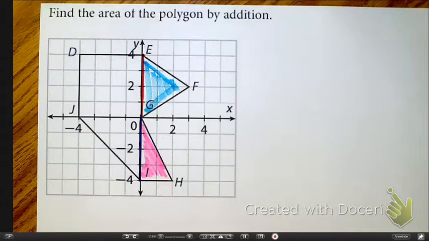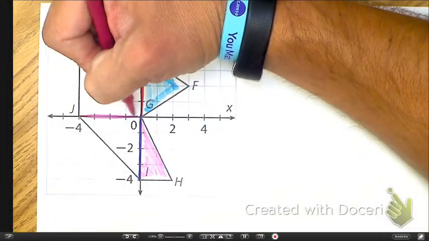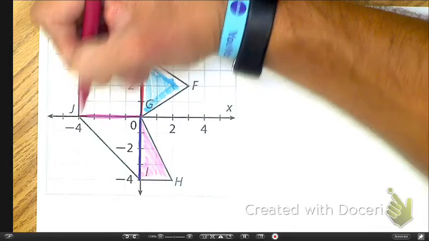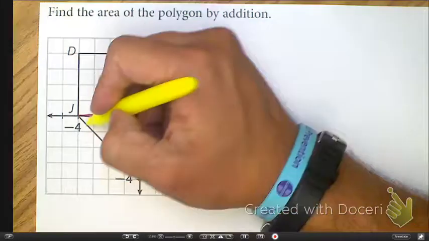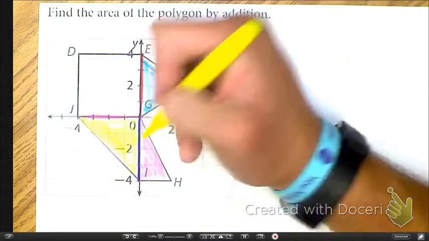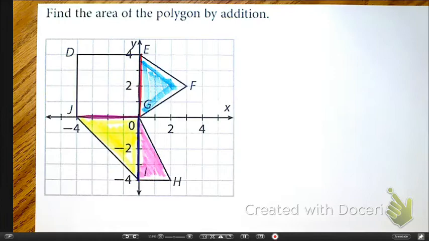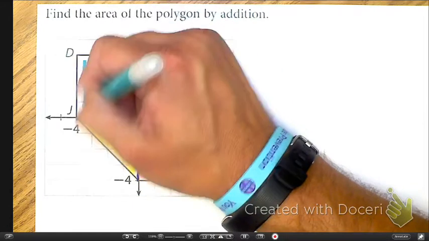I'm going to make one more cut. This time I'm going to follow the x-axis, and with that cut I have created a triangle below it and a rectangle, a square perhaps, above it.